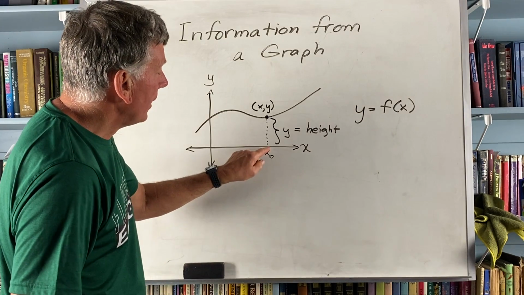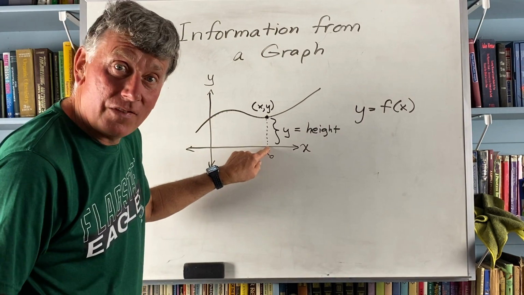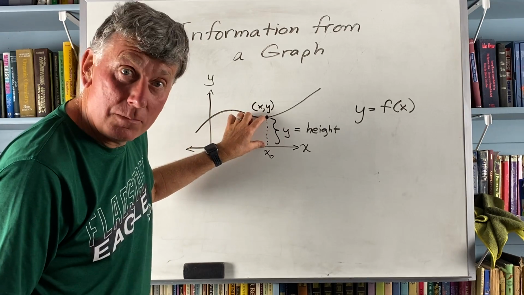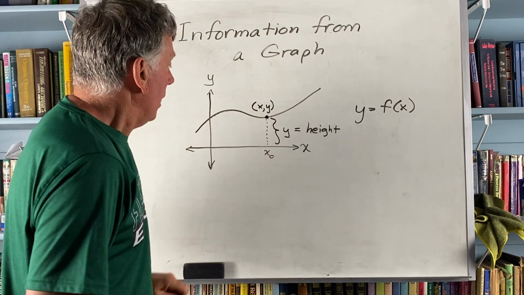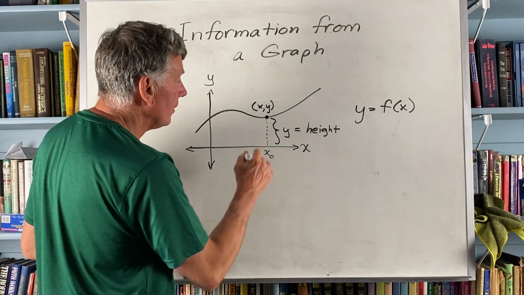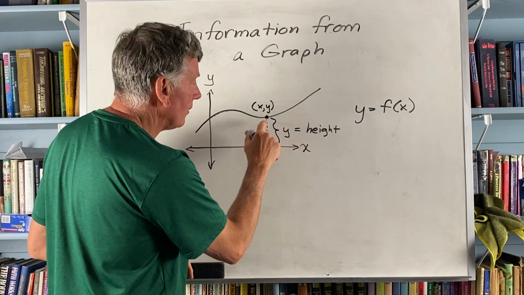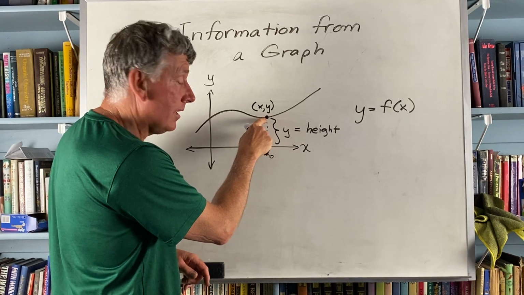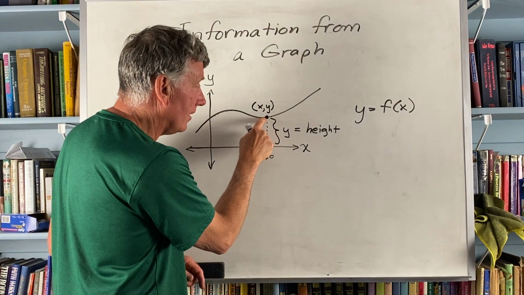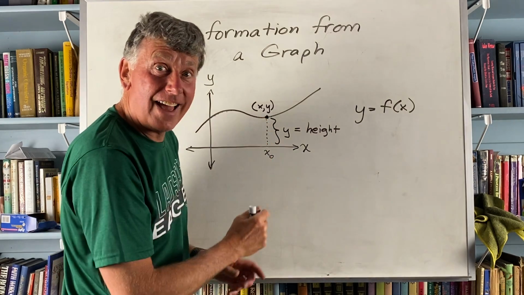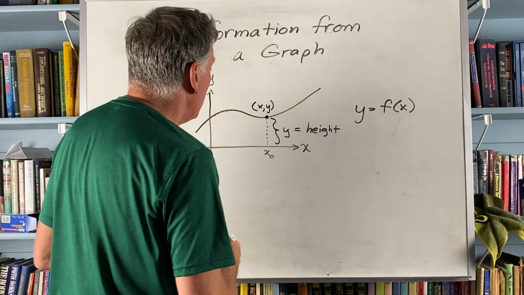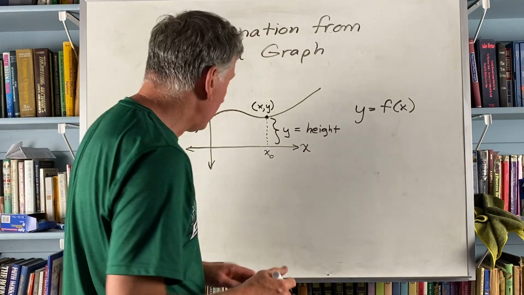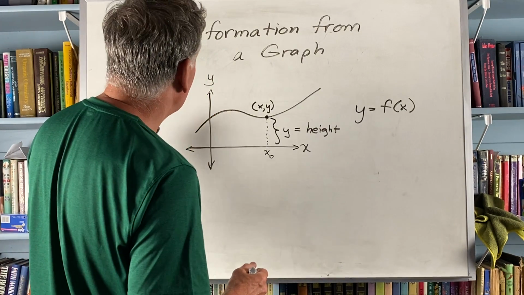So by looking at my graph, I go to this x value here, and it tells me that y is that much. The height is basically the value of the y, the distance there from the x-axis. So I can talk about net change.